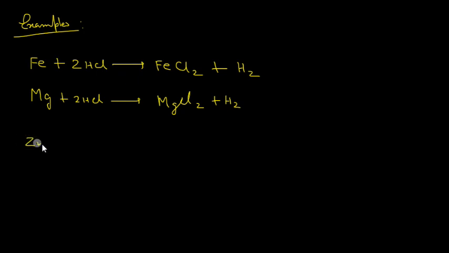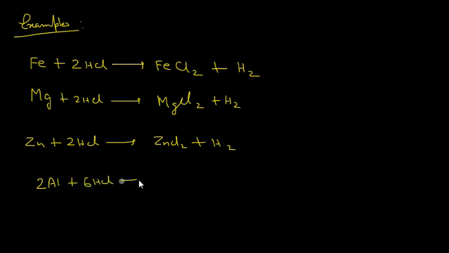Zn plus 2HCl gives ZnCl2 plus H2, and 2Al plus 6HCl gives 2AlCl3 plus 3H2.